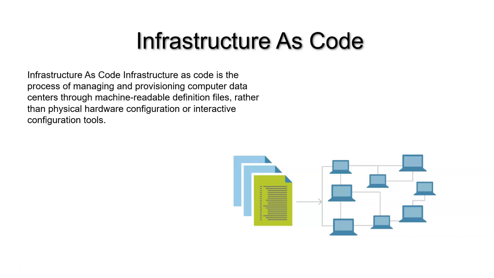Infrastructure as code is usually the process of managing and provisioning computer data centers through machine-readable definition files rather than physical hardware configuration or interactive configuration tools. Usually, if you have to create any type of resources on Azure, or even in your on-premises data centers, if you have to configure a certain Docker container or virtual machines like VMware and all those things, you need to usually do it manually, or you can also do it by using code.